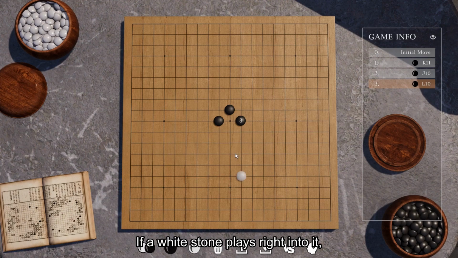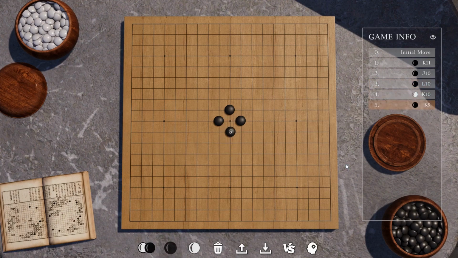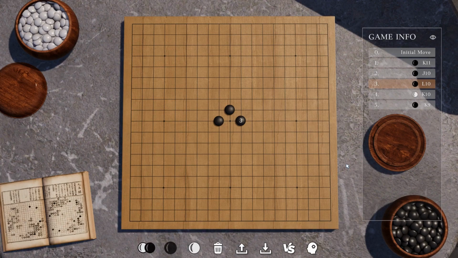If a white stone plays right into it, black can immediately capture the white stone. But now, we are going to introduce a brand new concept for it, called the eye space. This position is the eye space. Once black plays a stone right here, it turns into an eye.